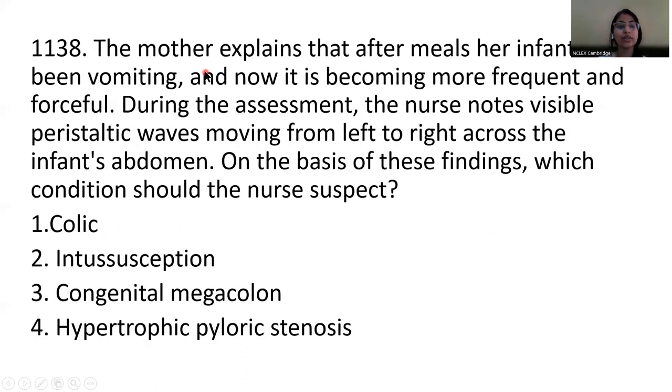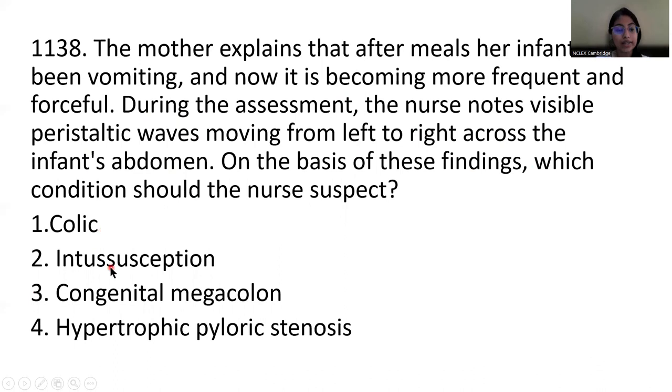Now, let's see the next question. The mother explains that after meals, her infant has been vomiting and now it is becoming more frequent and forceful. During the assessment, the nurse notes visible peristaltic wave movements from left to right across the infant's abdomen. On the basis of these findings, which condition should the nurse suspect?